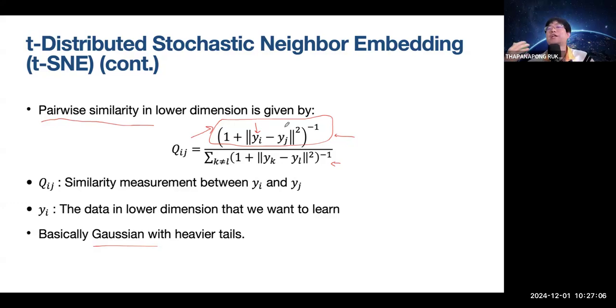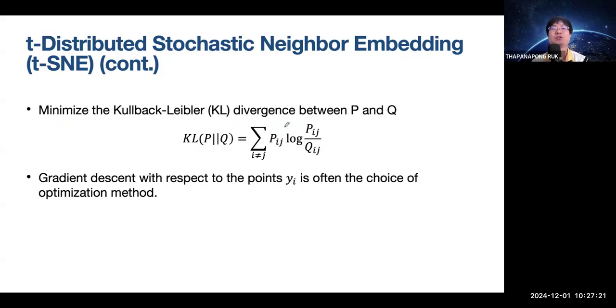So basically you have two distributions and you want the two distributions to match in structure. And to do that, we have to use the Kullback-Leibler divergence between P and Q, right? So we have this formula: the sum of Pij log Pij divided by Qij.